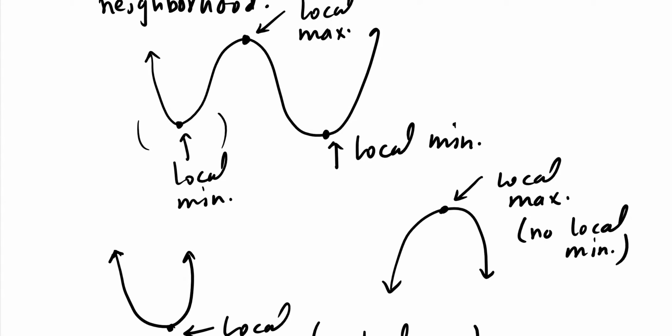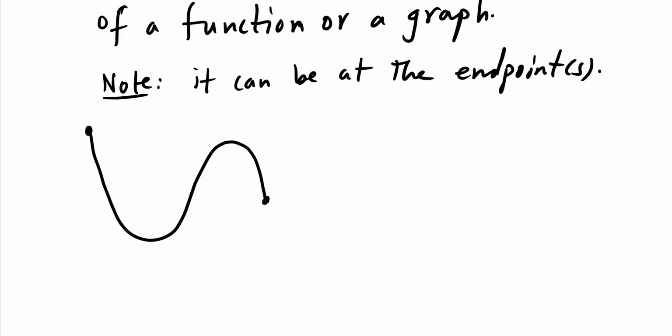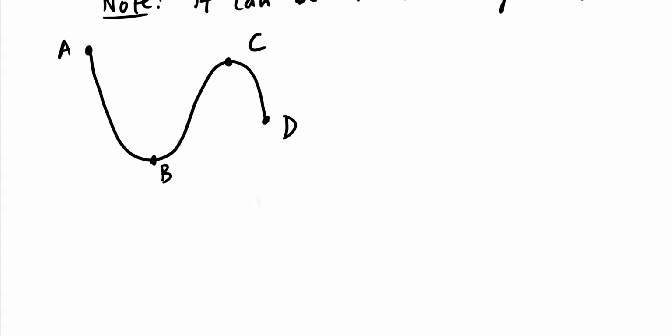If you see the arrows, it goes forever. But this one stops somewhere at that point. Let's call that point A. I'm going to call this point B, this point C, and this point D. So if we look at the entire domain from point A to point D, the maximum point the graph can reach is at point A. So at point A, there is an absolute max.